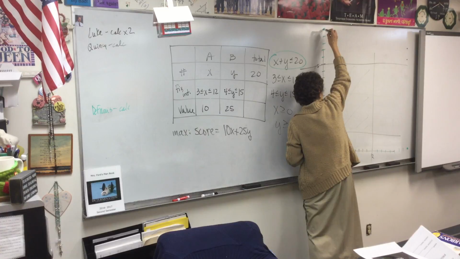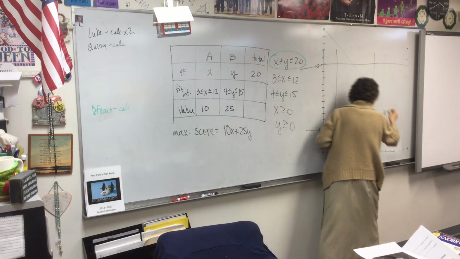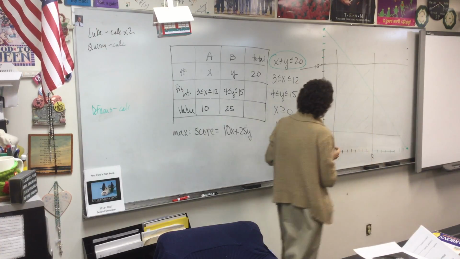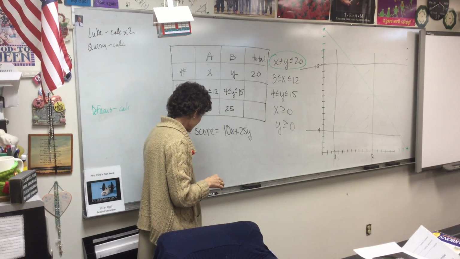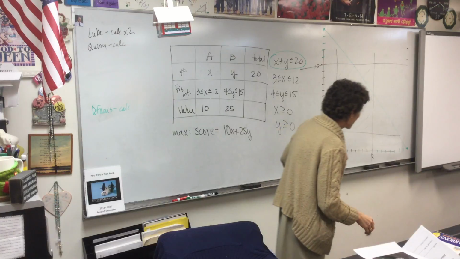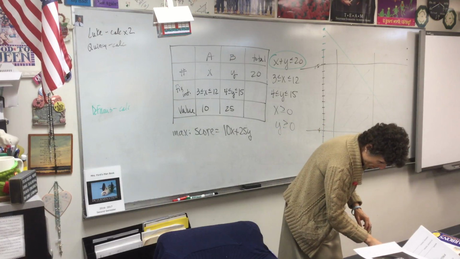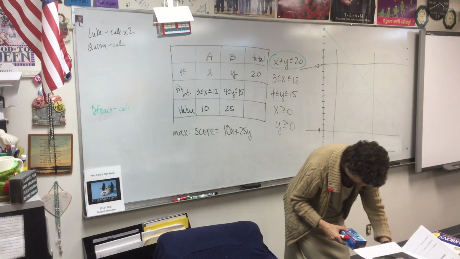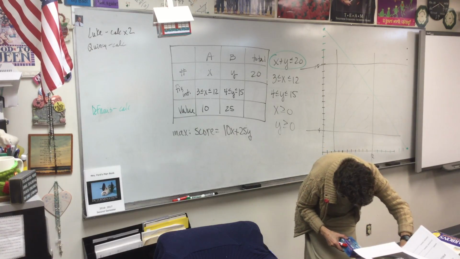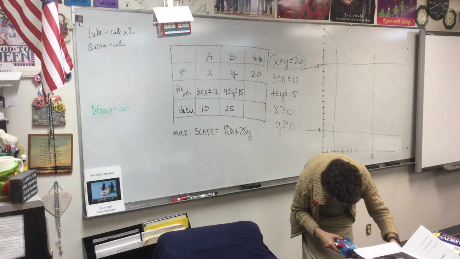Okay, and then somehow I have to draw a straight line down through there. Sort of close. And where is that one shaded? Below. So, let's see if I have a darker marker here.